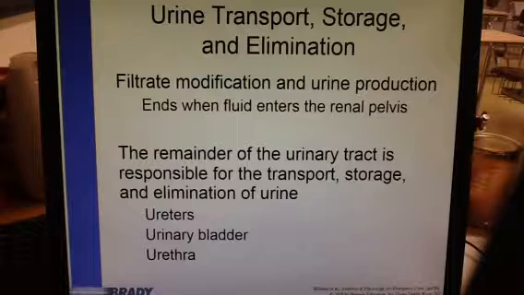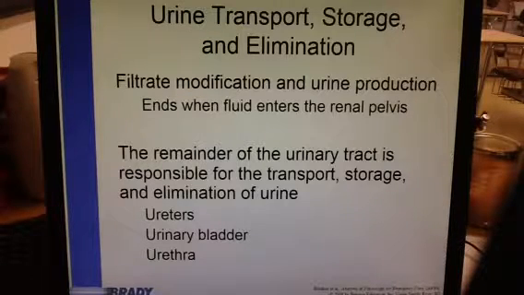So as we said in the first video, the kidney is what is actually filtering and making the urine, but after that, the urine needs to be stored and transported and then finally eliminated. So the filtrate is modified and then eventually combined with all of the filtrate from all of the other nephrons and into those collecting ducts and into those calyx, and eventually goes out of the kidney.